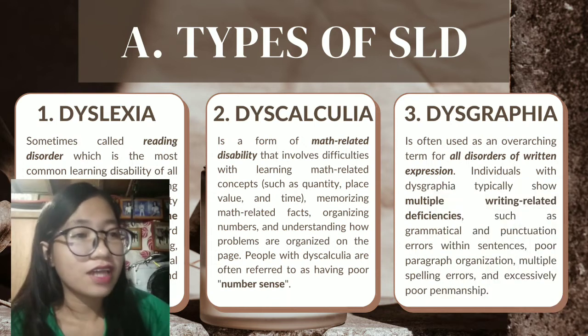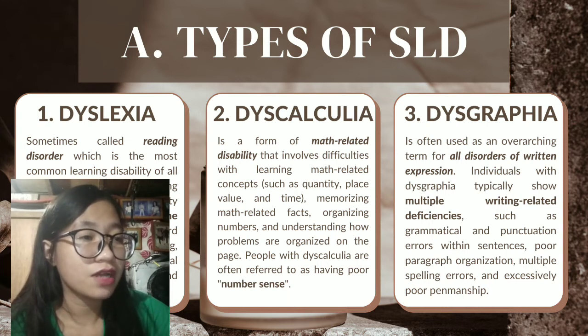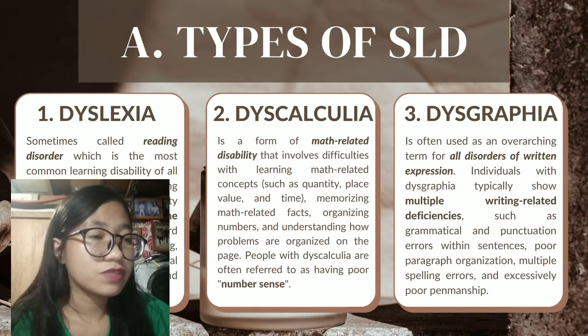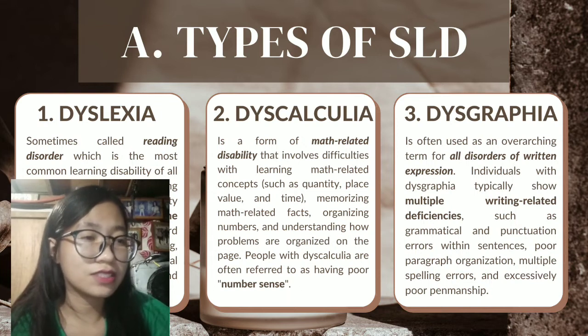So third type is the dysgraphia. It is often used as an overarching term for all disorders of written expression. Individuals with dysgraphia typically show multiple writing-related deficiencies.